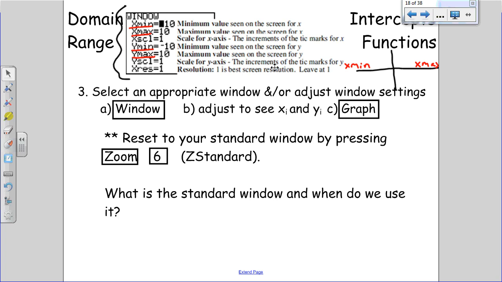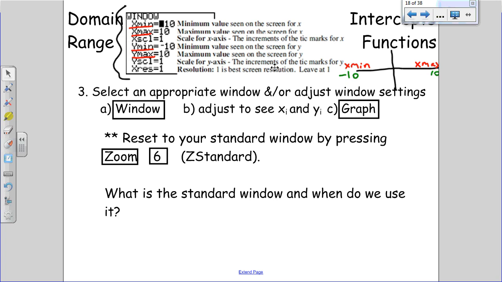When we're graphing something with no context, like we have no context to this equation, we're just told to graph it, we use something called the standard window, or the standard setting. The standard window is -10 and +10. So when you graph your thing, it'll start you off at -10 and +10 as your two bars.